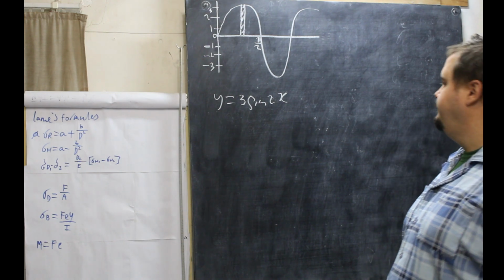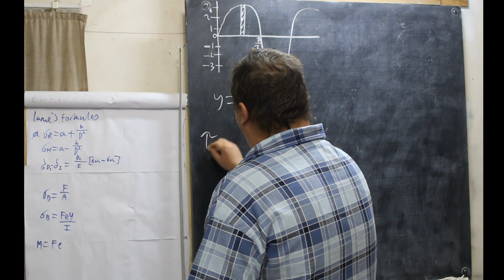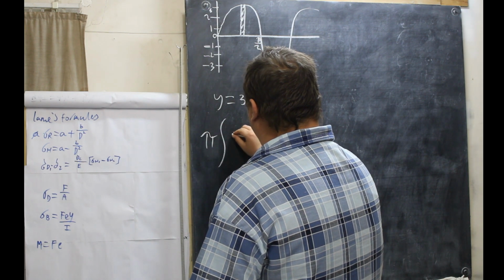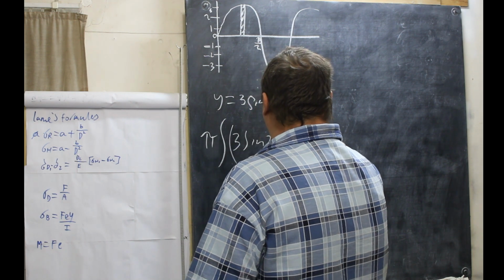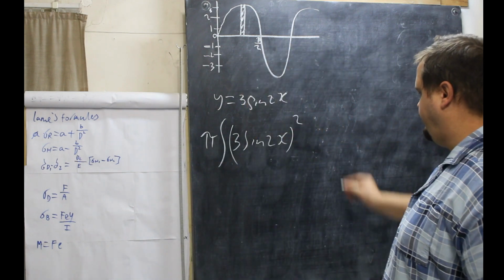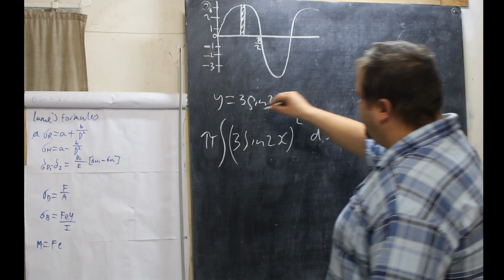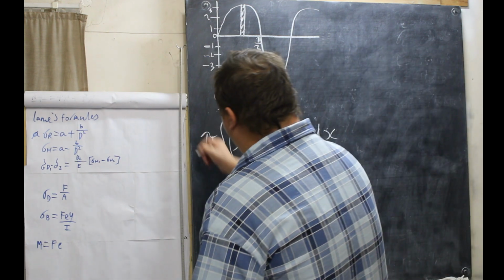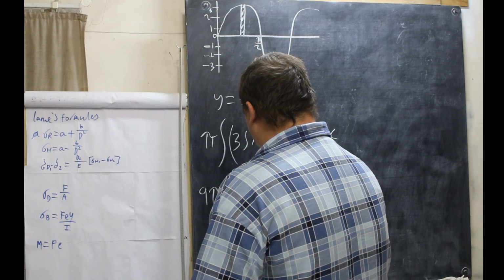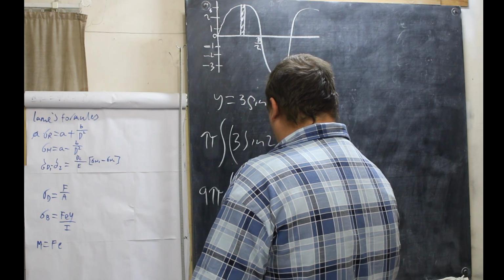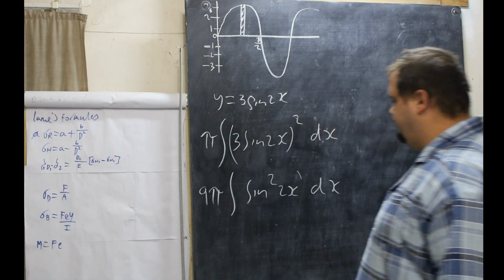Which is all good. So, what we need to say is pi times the integral of (3 sine 2x) all squared dx. Now, 3 squared is 9, and 9 can come out. So we've got 9 pi times the integral of sine squared 2x dx.